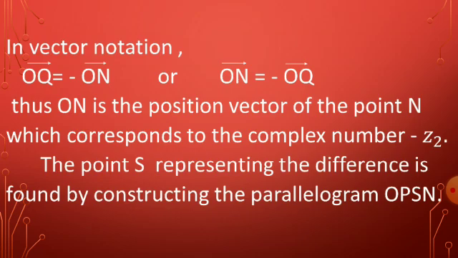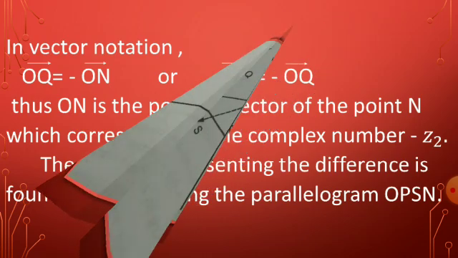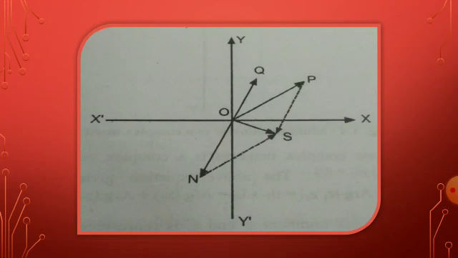Now the point S representing the difference Z is equal to Z1 minus Z2, which is obtained by constructing a parallelogram OPSN.